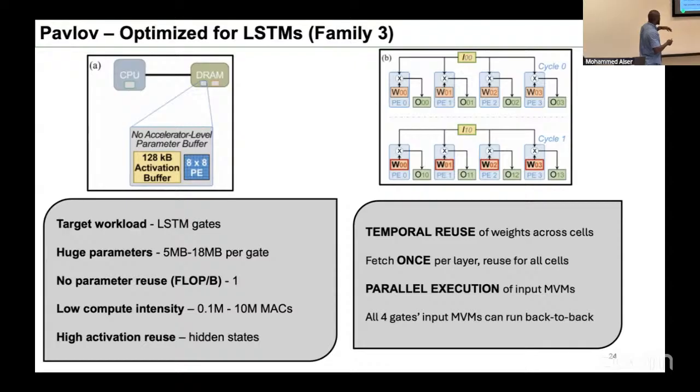So you are temporarily reusing the same weight across the different cycles. Basically you're fetching the input activation once and reusing it.